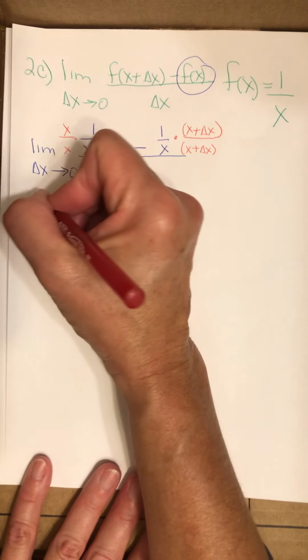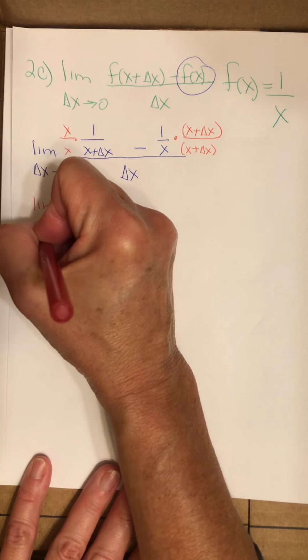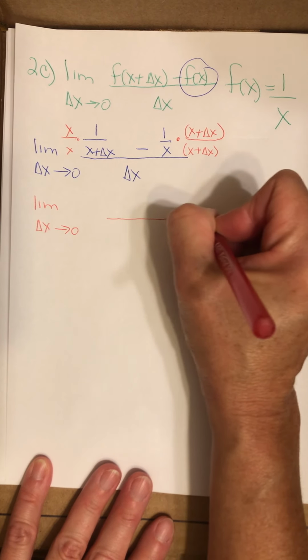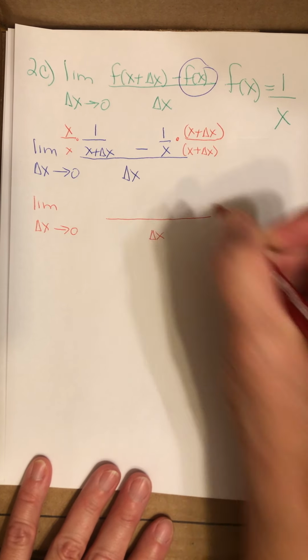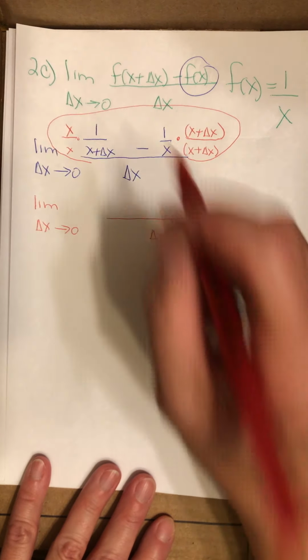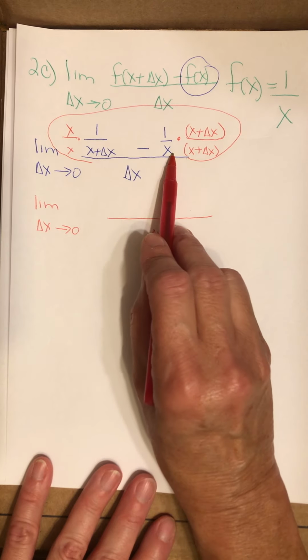Let's keep going. The limit as delta x approaches 0. Now hang out with me here. Here's my denominator. Now take a look. In my numerator, notice I now have a common denominator.